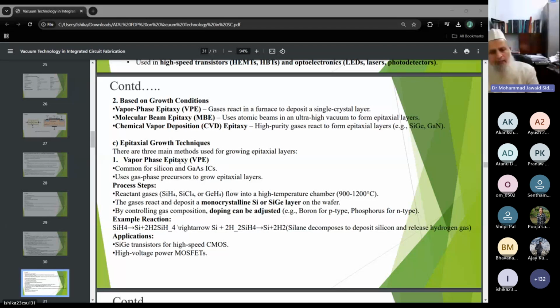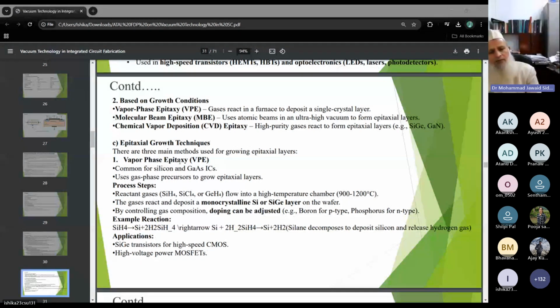Hetero layers means, as we discussed earlier, like silicon germanium on silicon. These layers can be easily deposited using molecular beam epitaxy, and layers can also be deposited using vapor phase epitaxy and chemical vapor deposition (CVD).